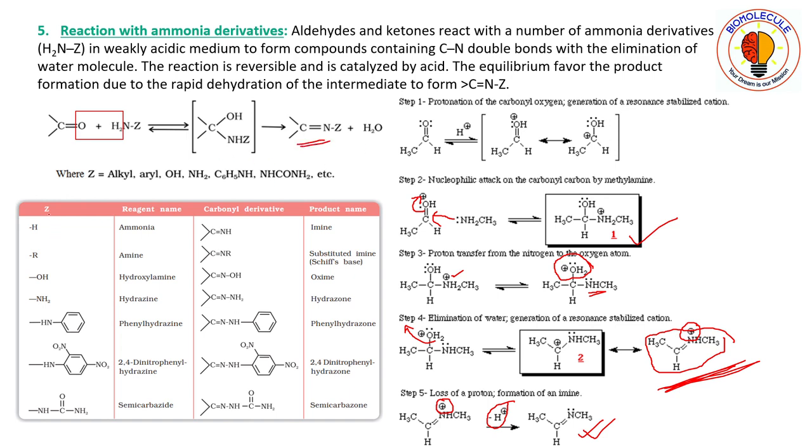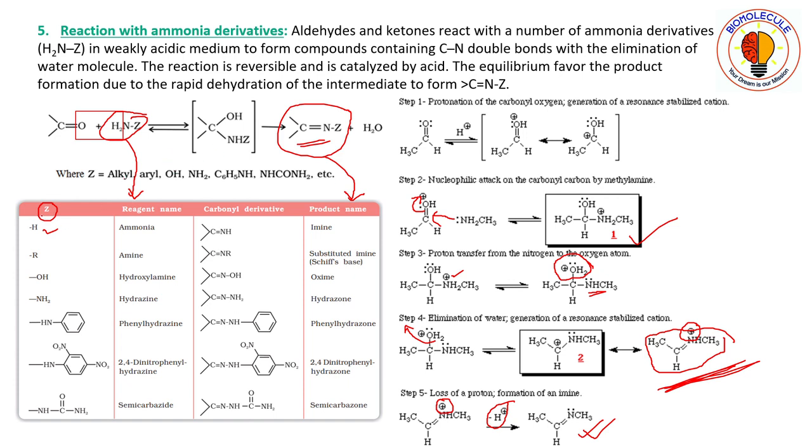So what are these final products called? If Z is hydrogen, then this is the reagent name, and this will be the product name.